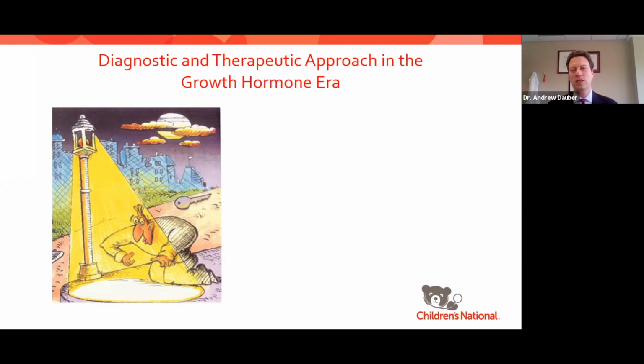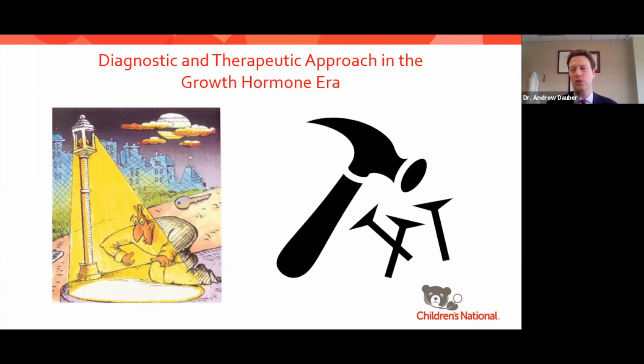And that was really where the light was in our field. So we looked at growth from that perspective, trying to understand how those hormonal etiologies applied. And the second adage is, of course, when all you have is a hammer, everything looks like a nail. And therapeutically, we really only had for many years growth hormone and then, of course, IGF-1.